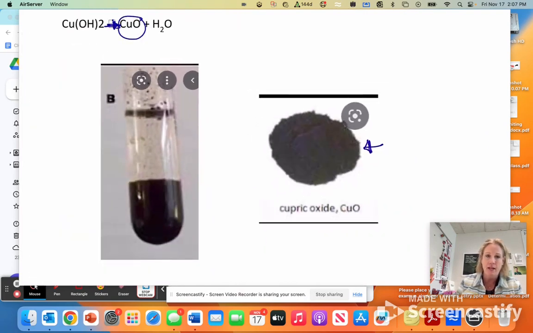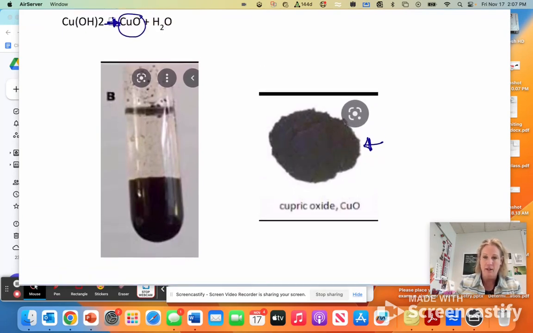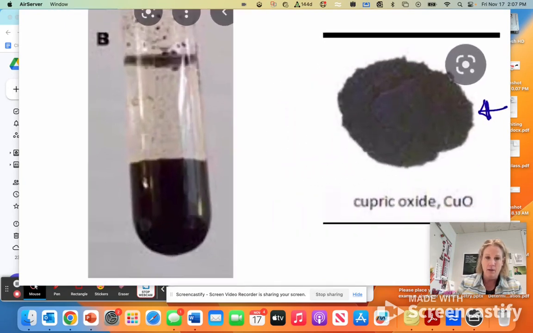So it's common to have percent yields less than 100% because you lose some of the product while you're transferring it to dry. It's also possible to have a percent yield that's greater than 100%, and that is because most of the time the product is in water, like this is in water, and we would dry it.